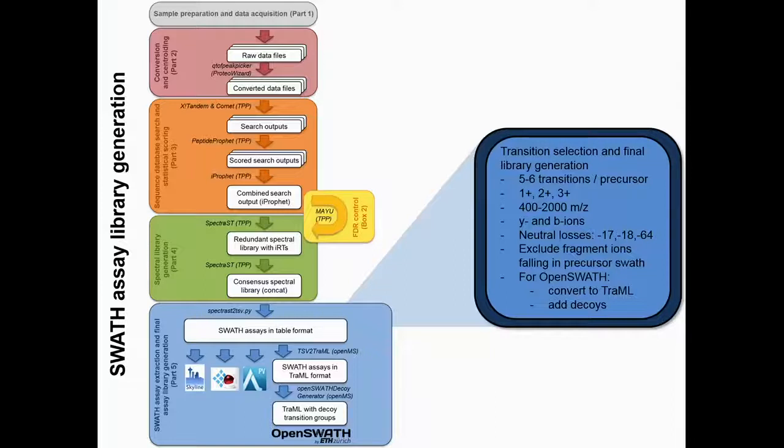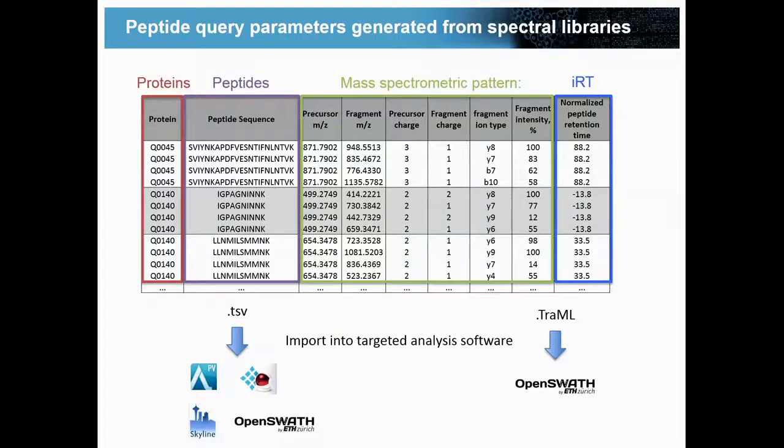And for OpenSWATH, we convert to TraML, which is this PSI standard file format for containing these types of libraries, and we add decoys, or else we just leave it in this TSV format, which can be used by these softwares, but in OpenSWATH we normally convert this to TraML. And so that's the end. So now we have this result, right? This is the table I keep showing you, and we have it either in this TSV format or the TraML format, and so now we're ready to import this into the software that's going to do the analysis.